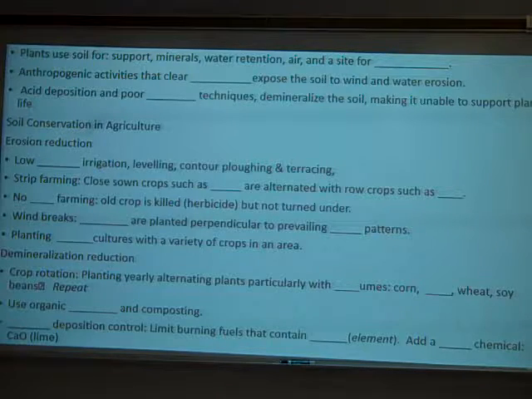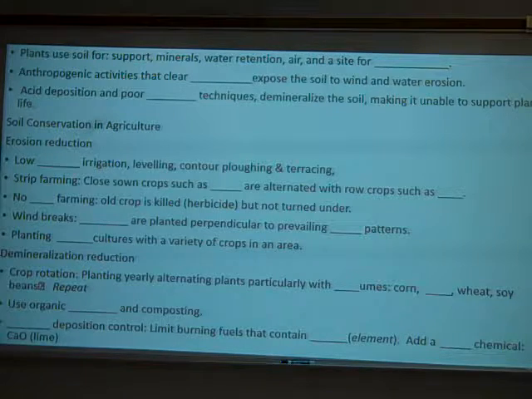So anything you can do to reduce that would include keeping the soil covered with plants as much as possible, leveling the ground out, using contour plowing and things like that to reduce runoff from washing it away, and maintaining windbreaks in the form of trees to reduce the wind blowing the soil away. All those are soil conservation techniques.